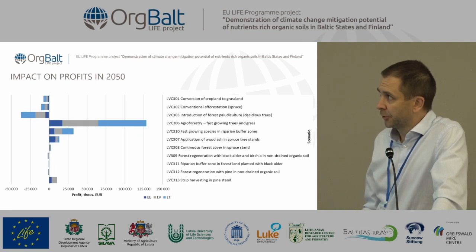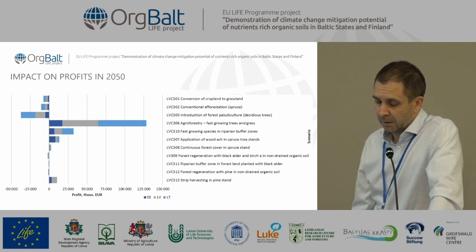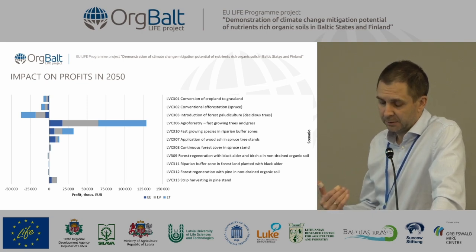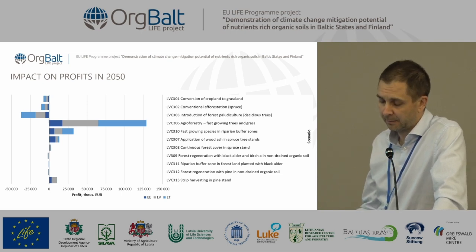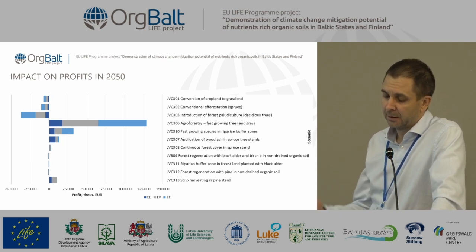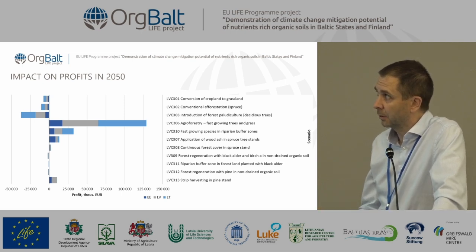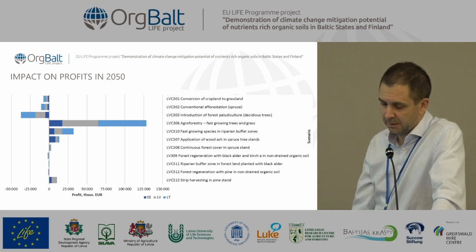After that, we also calculated profitability, and you see the picture is totally different. Some measures have a positive impact on profitability, so the landowner or land user can get more money by implementing these measures. For some measures, there will be negative profit. That means they are going to lose some money. And you can see the picture here.